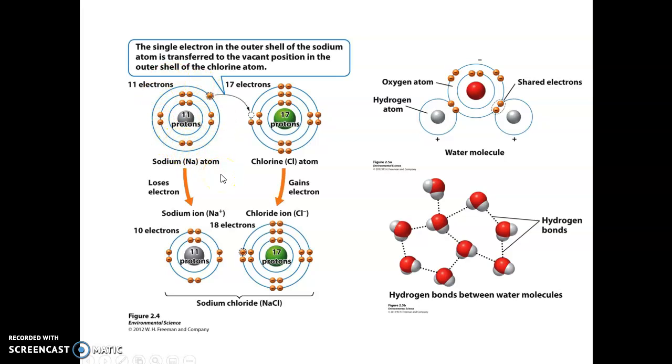Since it's lost its electron, the sodium has gained a positive charge because it's down to 10 electrons. And chlorine has gained a negative charge because now it has an extra electron. So that is an ionic bond.